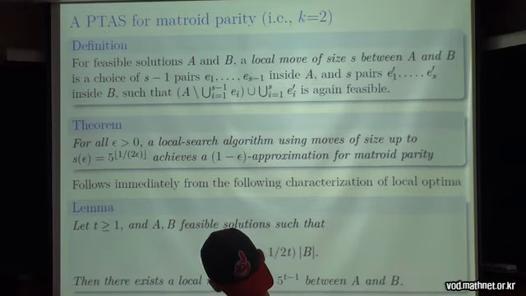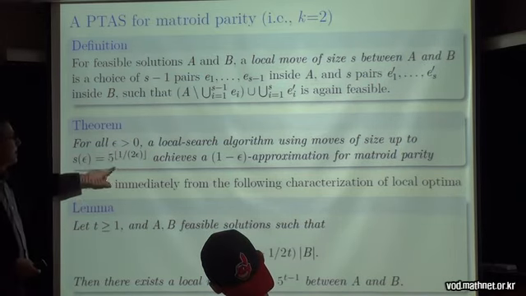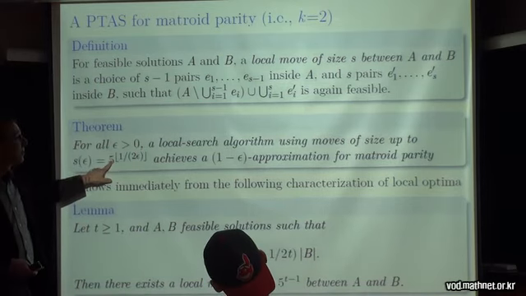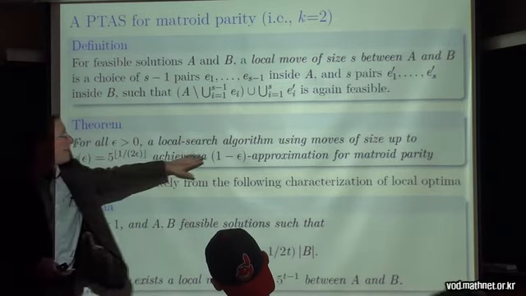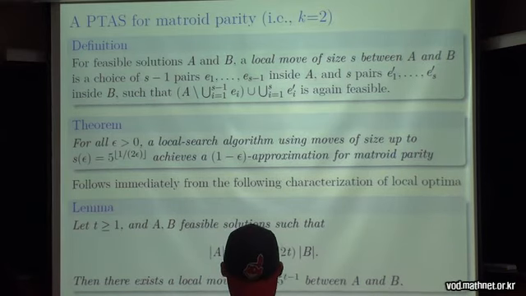you keep independence. And what you can show is that for any positive epsilon, if you do local moves of this size, which is pretty big, you can get within 1 minus epsilon of the optimum.